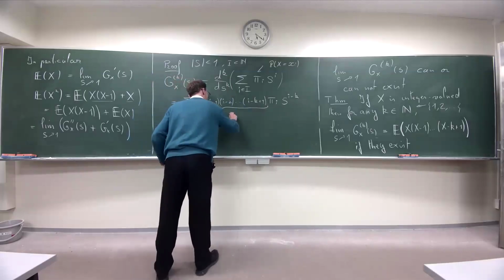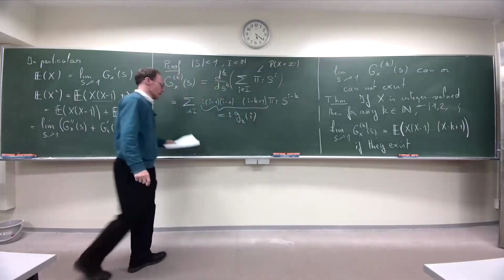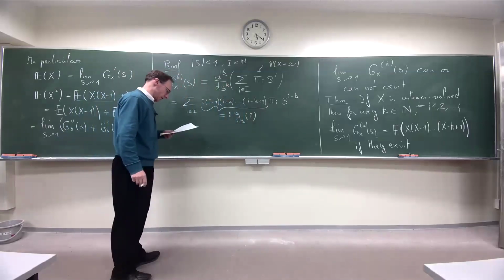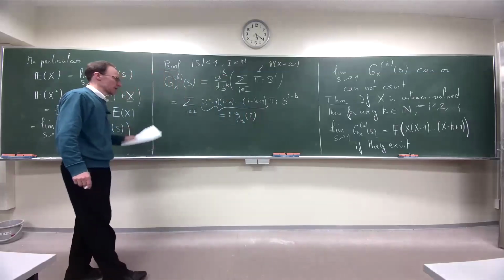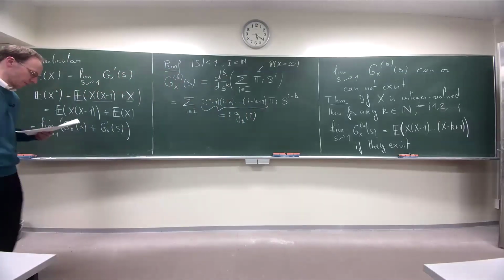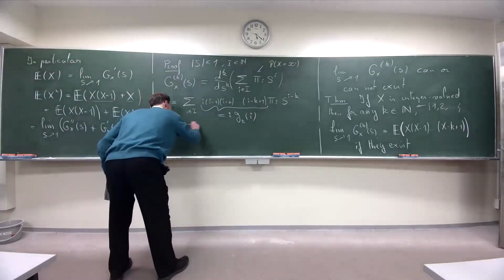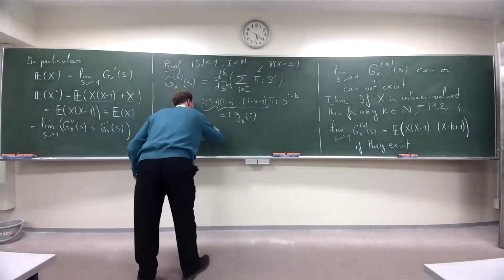Okay, I call this gk of i. So I give a definition to this product. So I can write this as a sum.